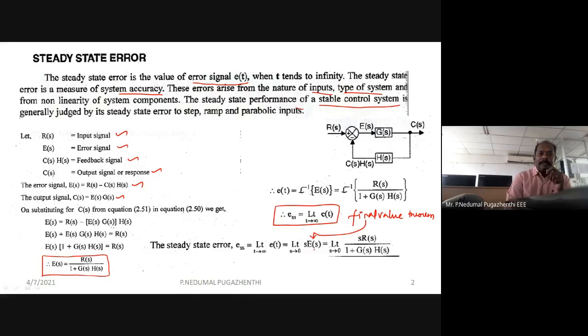And you can replace E of s with R of s by 1 plus G of s H of s. So as I said, this error is depending upon the input R of s. If R of s is changing and the system transfer function also has a change, probably, which will influence the error of the system.